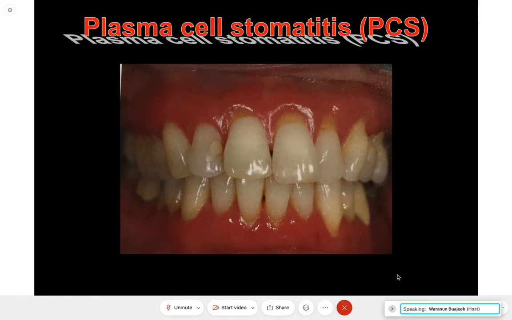You need to find out what the cause is, but the history taking is very important: something recently used, never used before. For the delayed type, if you use it again after the first time, the lesion will develop.